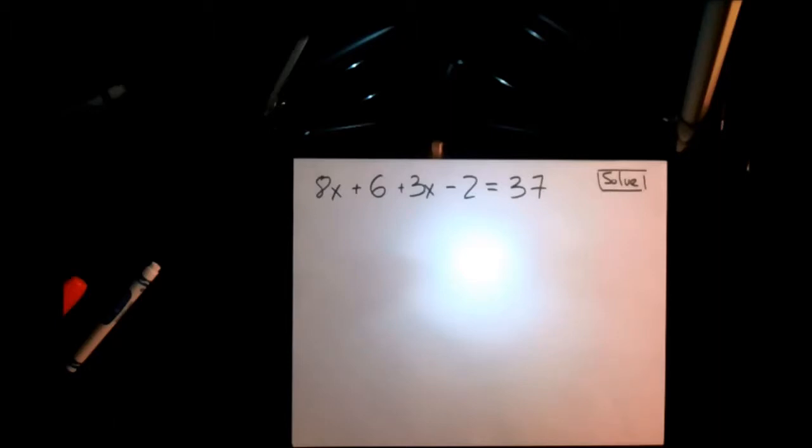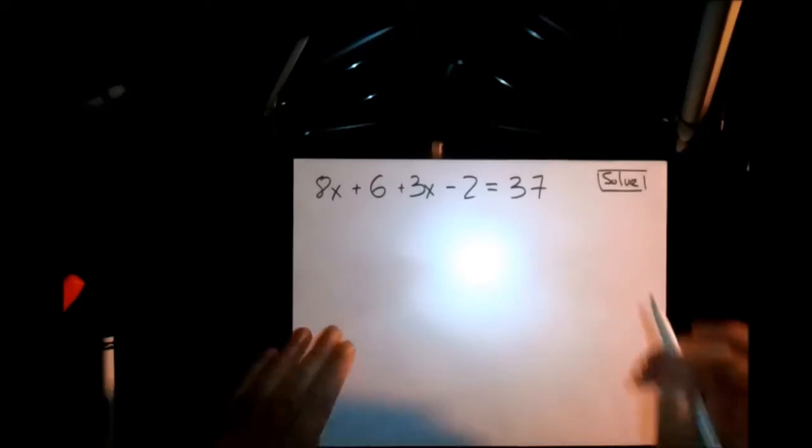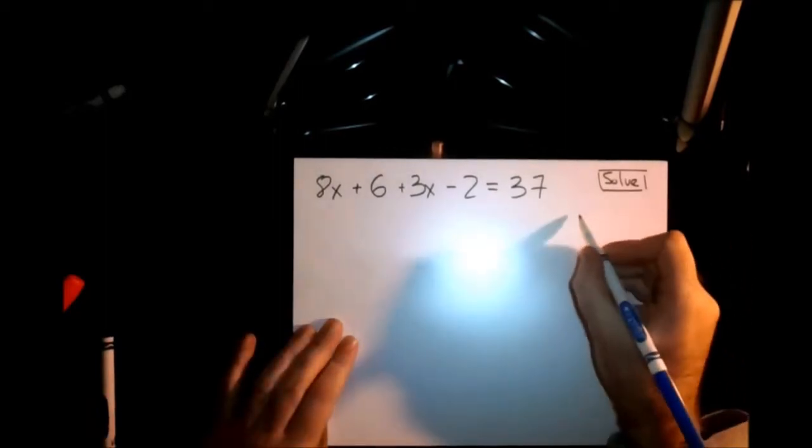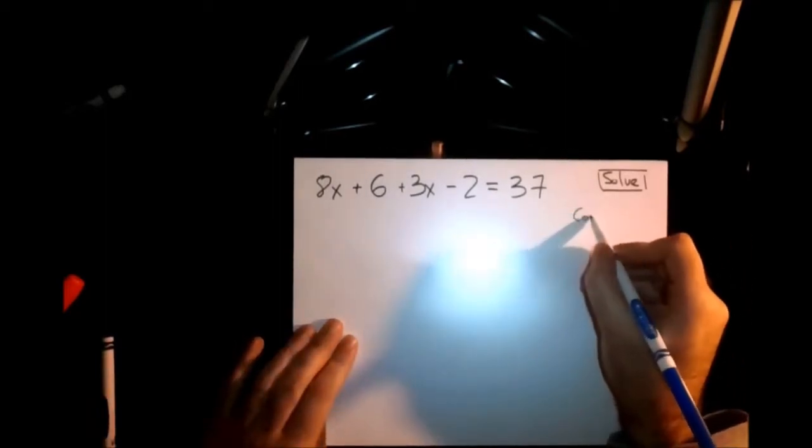So first things first, in any equation, I want to isolate the variable. In this case, I want to isolate the x. I have a problem. I have 2 of those x's. What can I do? So hopefully someone in the class said this.